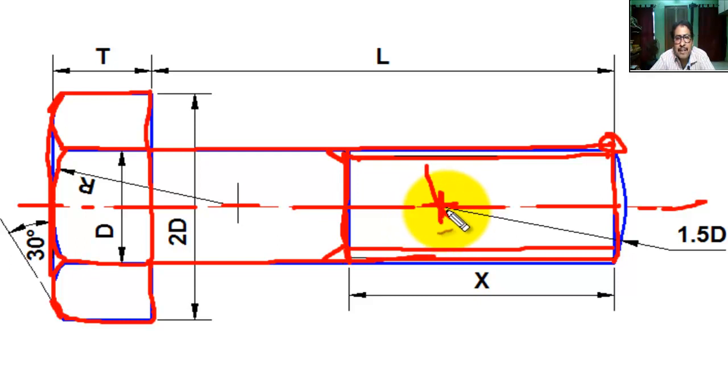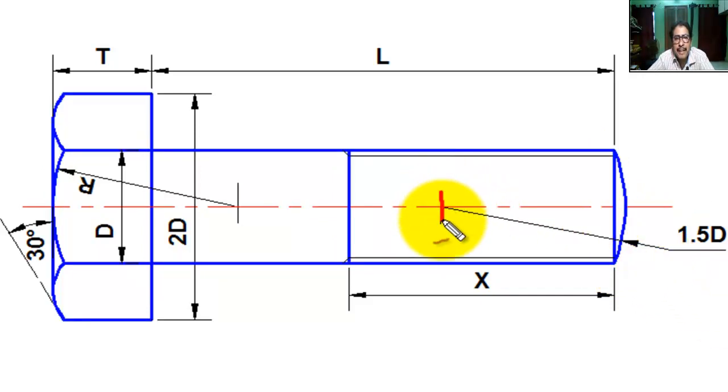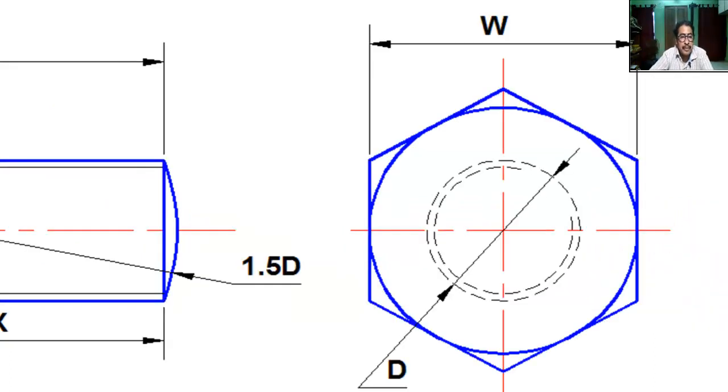With the pencil compass, pin pointer here and pencil pointer here, we draw an arc. This is 1.5d. With this point, pin point here and pencil pointer here, draw the arc. This is the 1.5d. Okay.